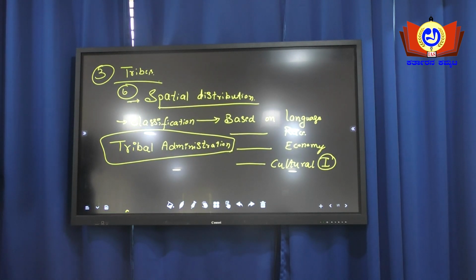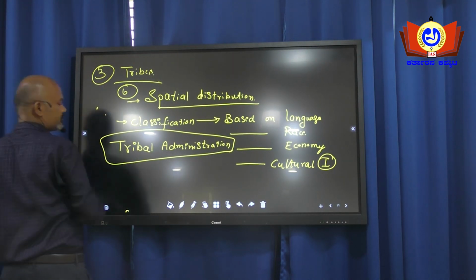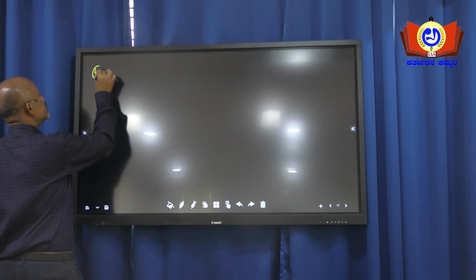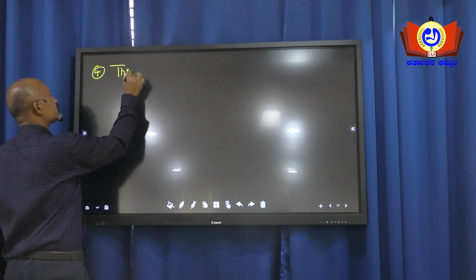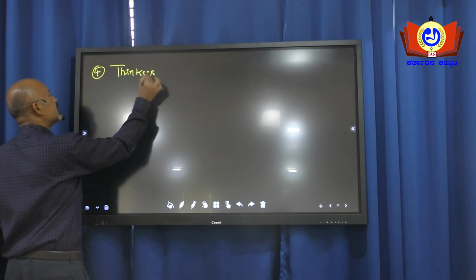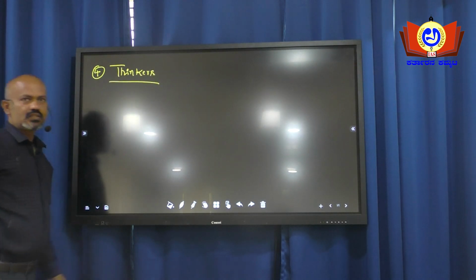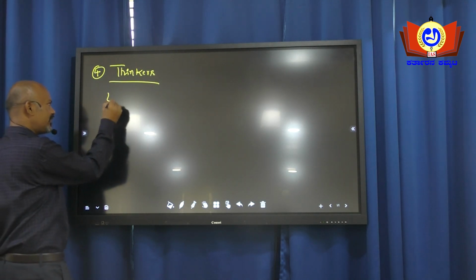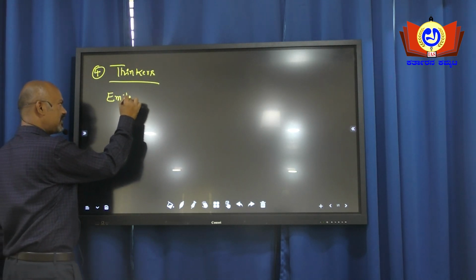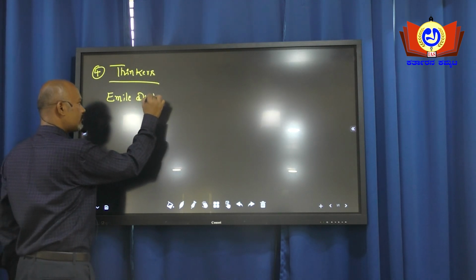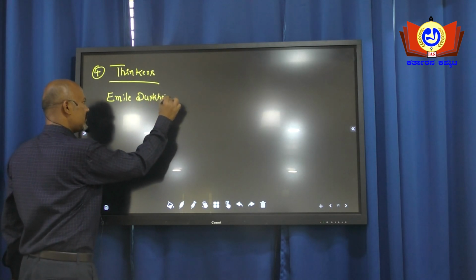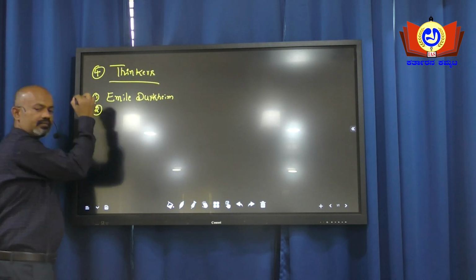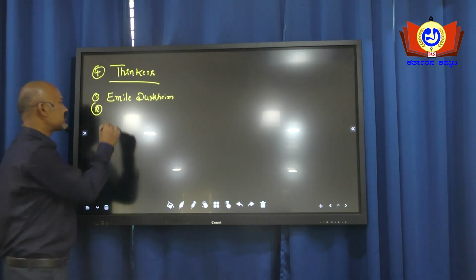Okay, the next unit is thinkers. So when it comes to thinkers, who are the thinkers? Emile Durkheim is one thinker. Very interesting topics these are. Emile Durkheim, a Western thinker. Second one, Karl Marx, very famous person.